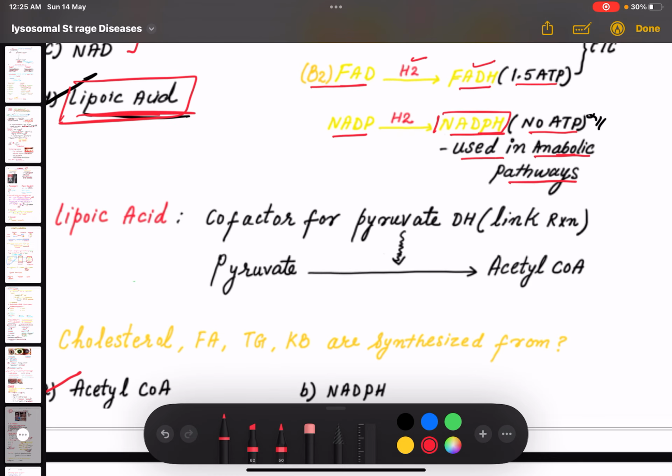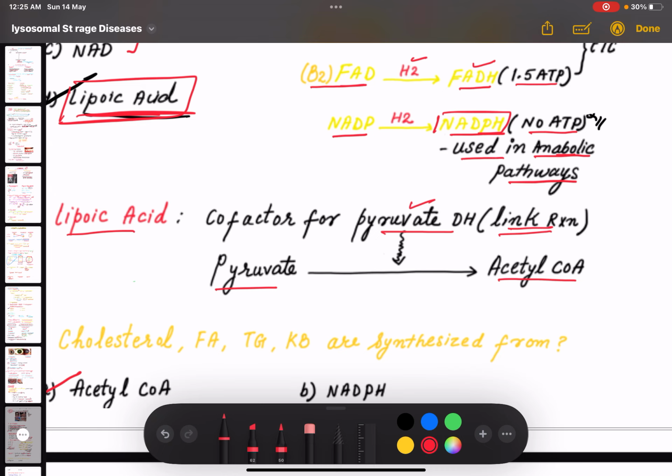But you can see lipoic acid is a cofactor for pyruvate dehydrogenase, which is actually the link reaction. Once pyruvate is formed, it gets converted into acetyl CoA. The enzyme which works here is pyruvate dehydrogenase, and this is called the link reaction.